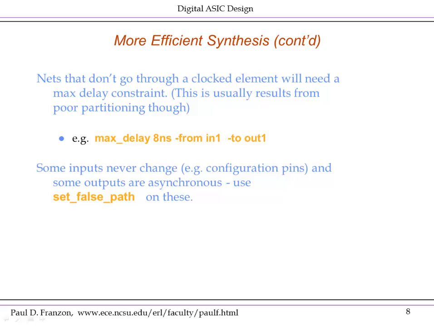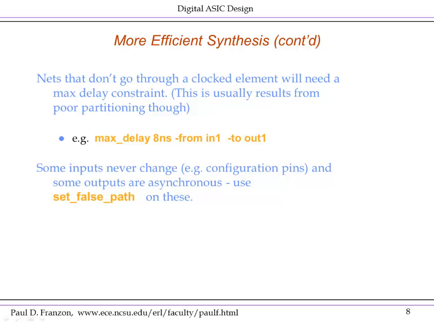Now this slide isn't really about more efficient synthesis. In fact, from my viewpoint as an instructor, this slide, at least the first part of it, is about how to fix things if you screwed up. Remember, one of the things I talked about in partitioning was making sure there's a flip-flop in every timing path from input and out to output.